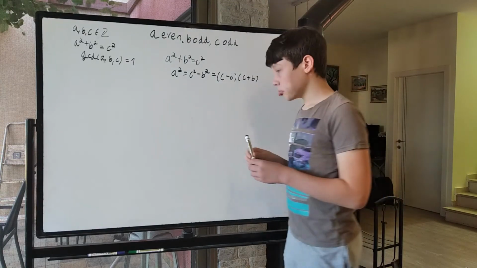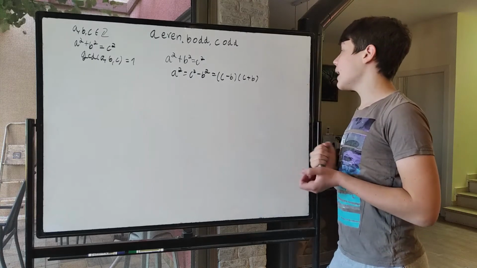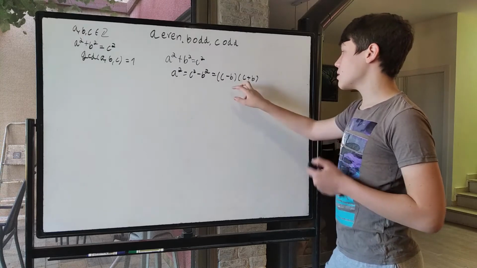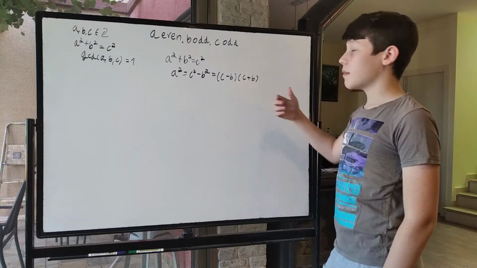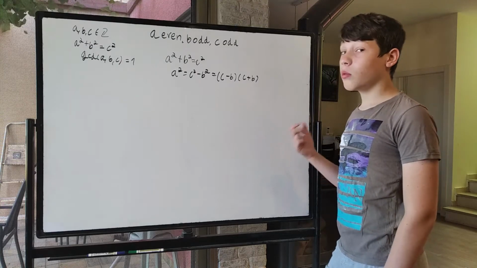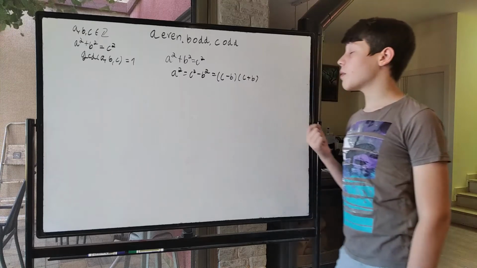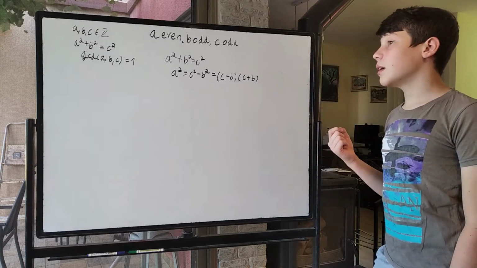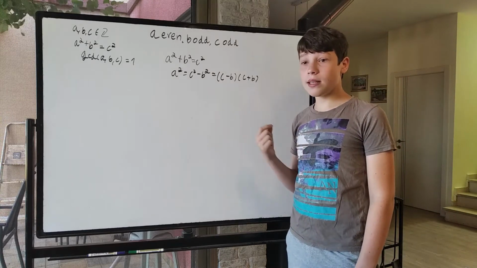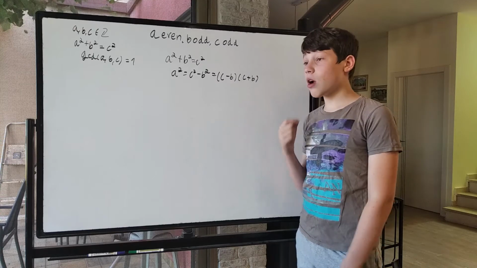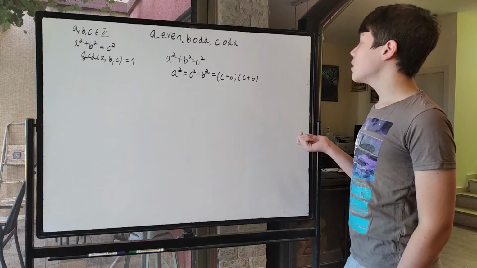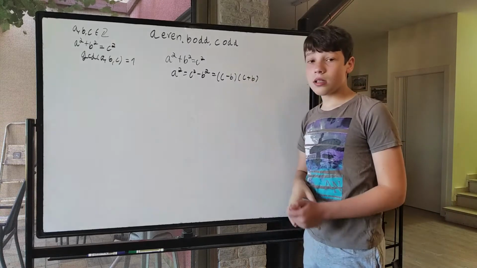Now we know if we can get that these two are perhaps co-prime, that means that we'll be able to use the fundamental theorem of arithmetic, which is every number that's at least 2 can be represented uniquely as a product of powers of primes, and we'll be able to say that they have to be square numbers.